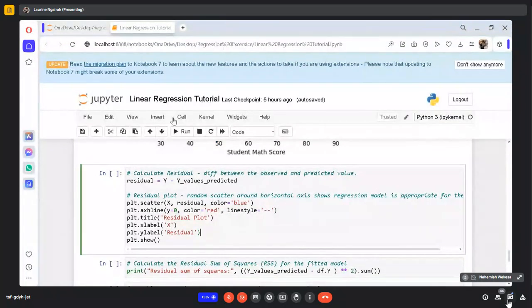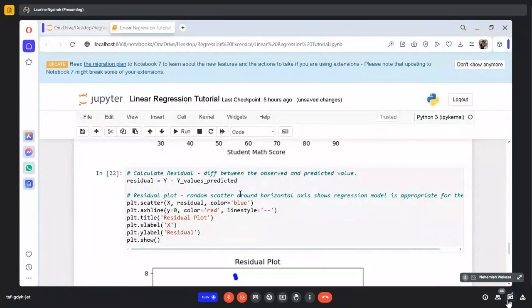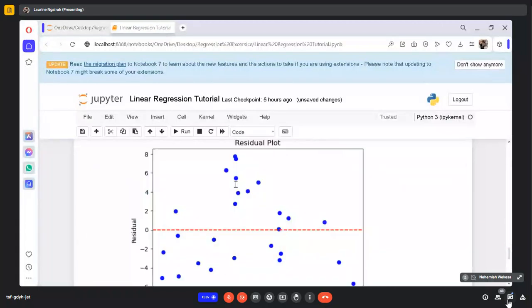In our notes, there was this bit that said if you want to know your model is accurate using the residual plot, it should be randomly distributed along the horizontal x value, this one here.